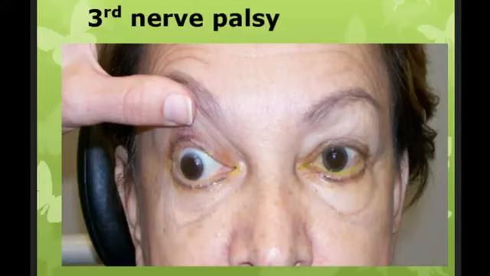The lateral rectus will draw the eye laterally and horizontally, and the superior oblique will try to do intorsion of the eye downward.